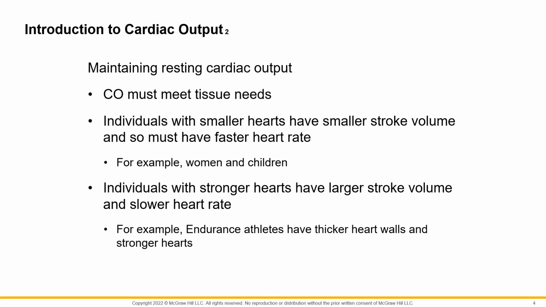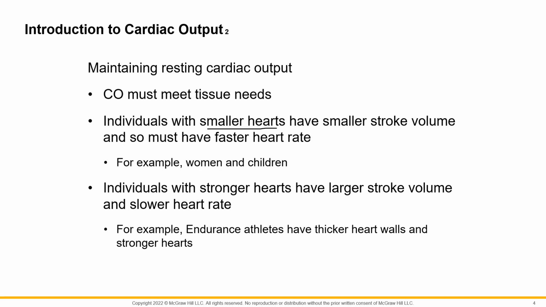Now, cardiac output varies based on what your tissue needs are. So if you're an athlete and your tissues are getting a lot of workout and undergoing cellular respiration at a faster rate, and carbon dioxide is accumulating in your tissues at a faster rate, then your cardiac output has to increase to meet those demands from your tissues.